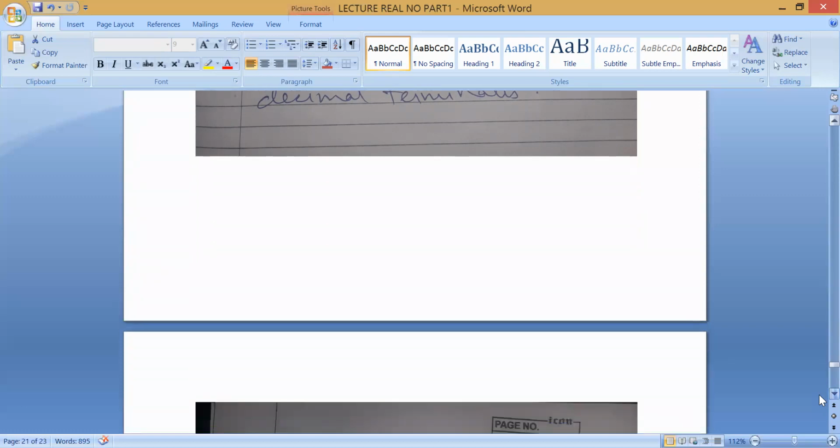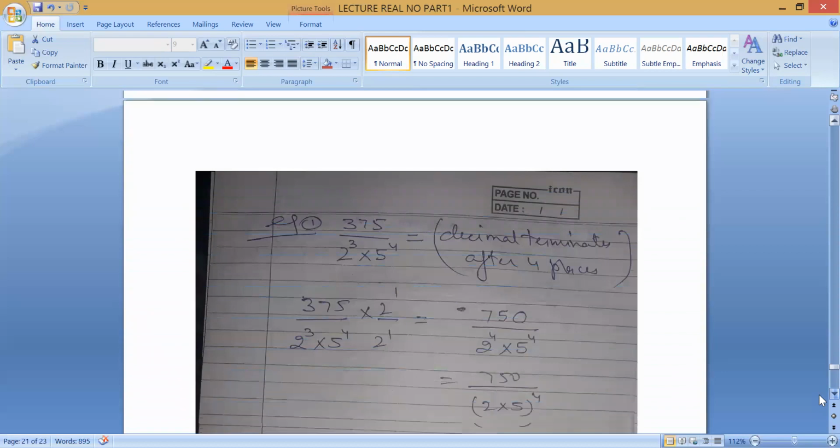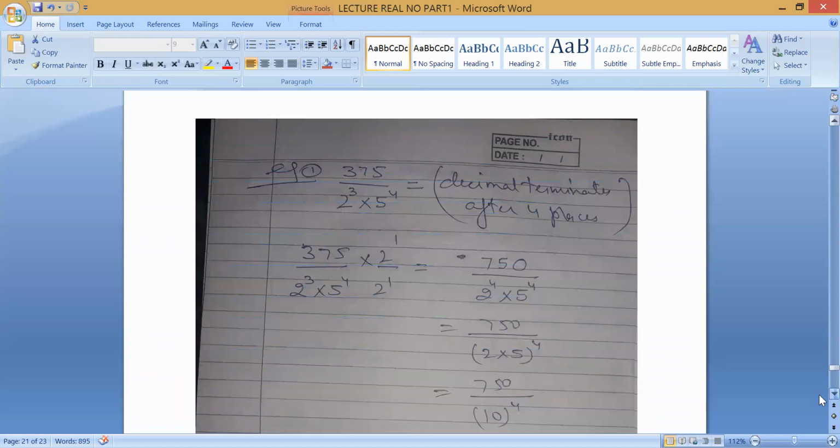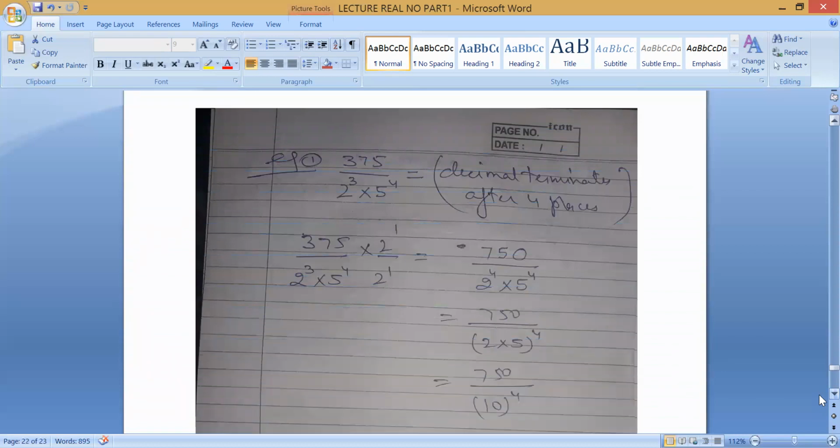Next, I have explained the example. 375 upon 2 to the power 3 into 5 to the power 4 is given. Now this form is given to you, and you have to only say after how many places it will terminate, or whether the decimal expansion is terminating or not.